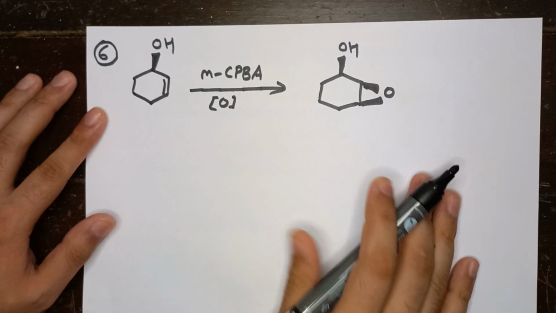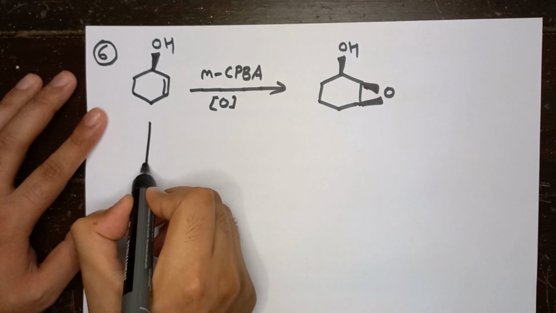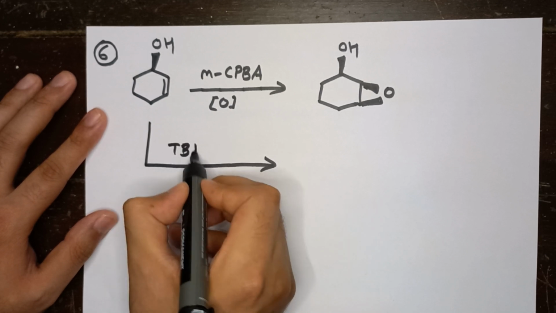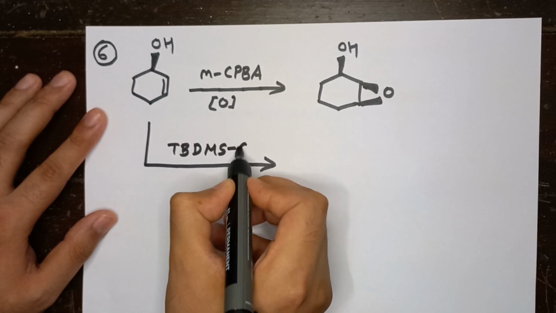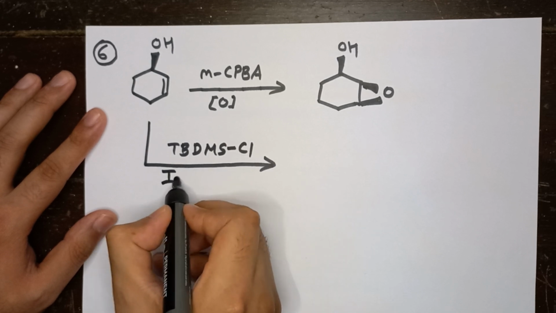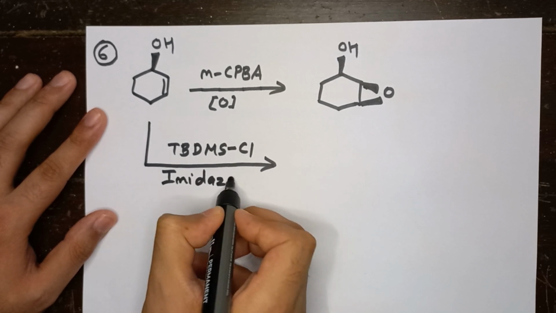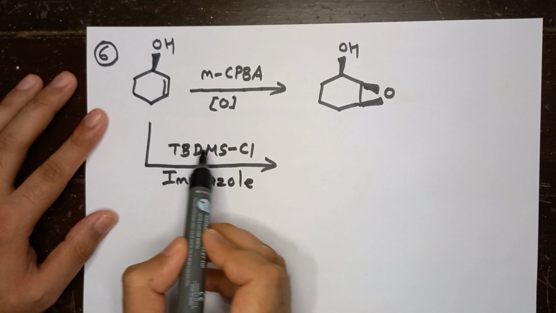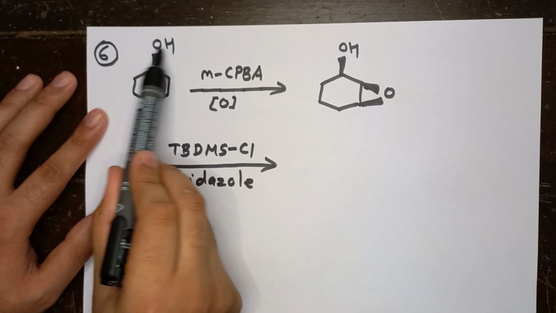Okay, suppose I'm doing the same starting material, but I'm using TBDMS chloride in the presence of imidazole. We know that TBDMS, that is tert-butyldimethylsilyl, will protect this OH group.